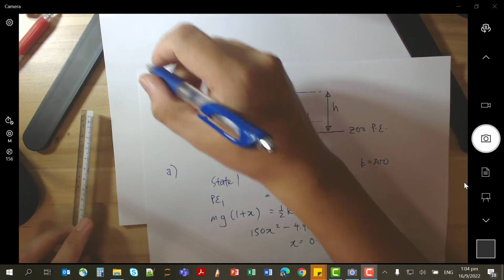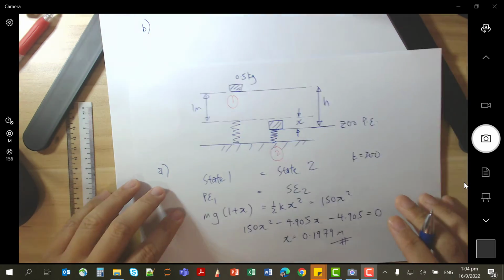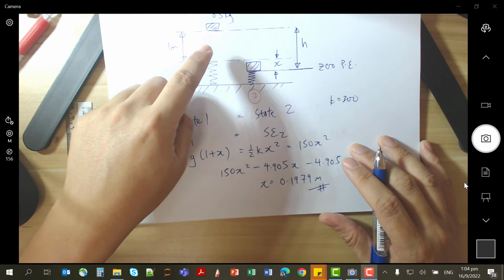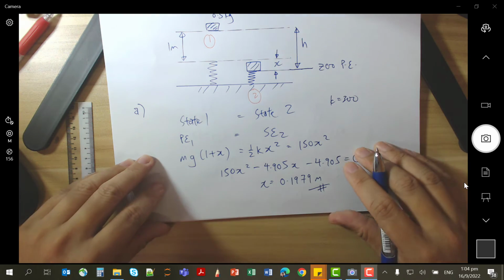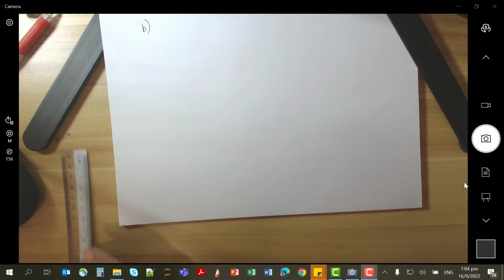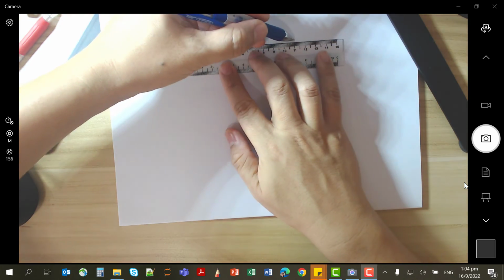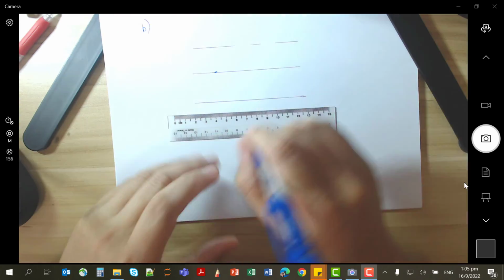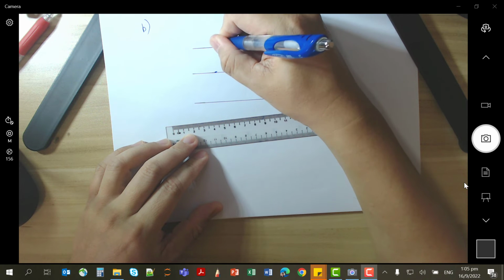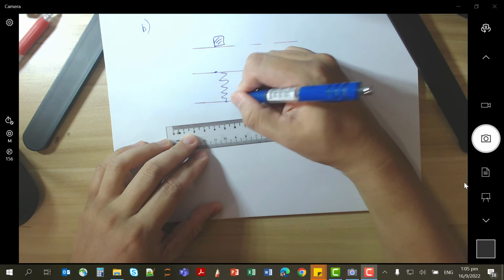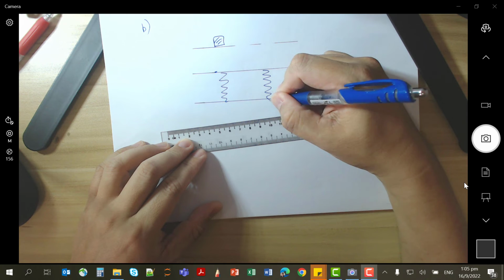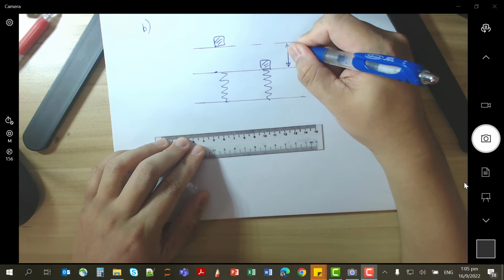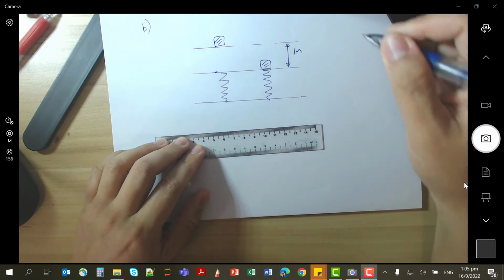Part B. We are now concerned with the point where the mass just hits the spring. Let me draw it again. This is your mass, this is my spring. Just hit the spring is here, so this is 1 meter.